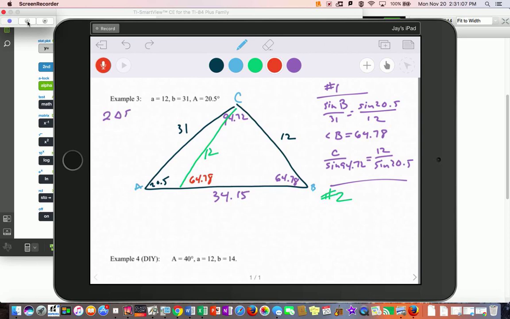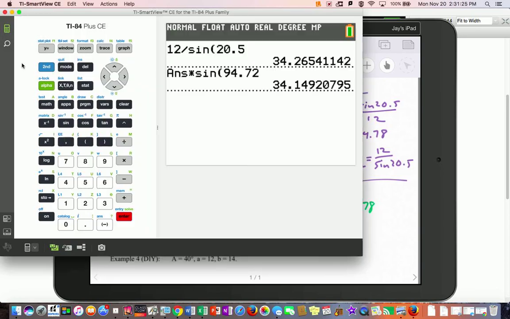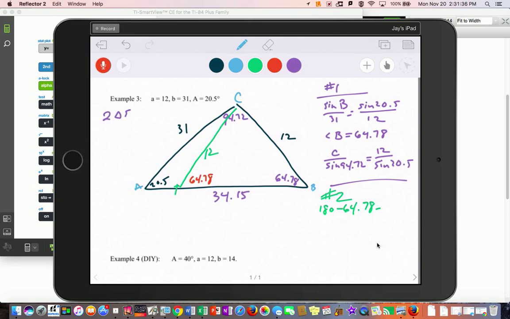And so the first one right here, this angle, I can find by doing 180 minus 64.78. Those are called the linear pair. And so 180 minus 64.78 is 115.22. So that's 115.22. And now I can add to 20.5 to find the missing angle up here.